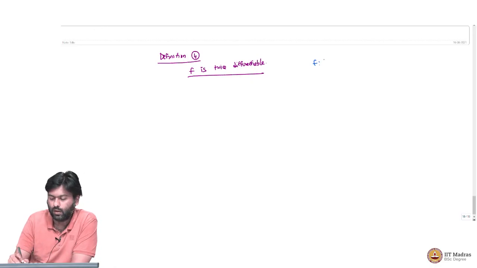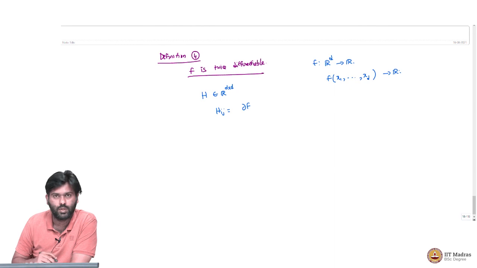So think of f as a function from R^d to R. Now I'm going to define this matrix H, which is a matrix in d cross d, where H_ij is simply the partial of, think of this f as mapping x1 to xd to R.